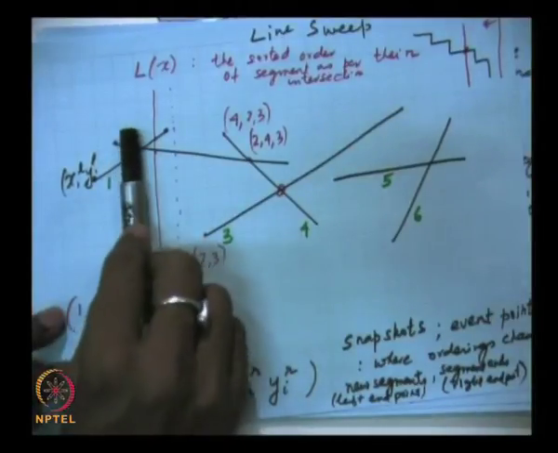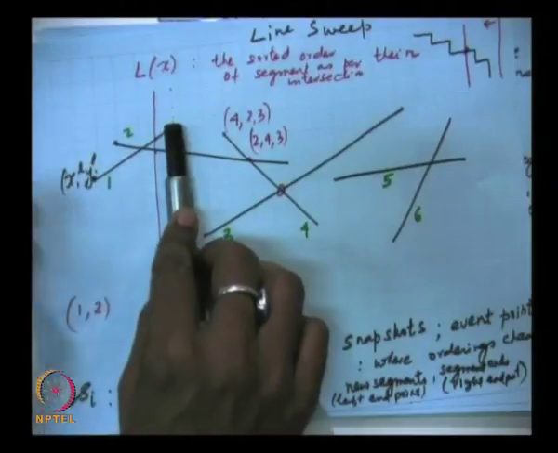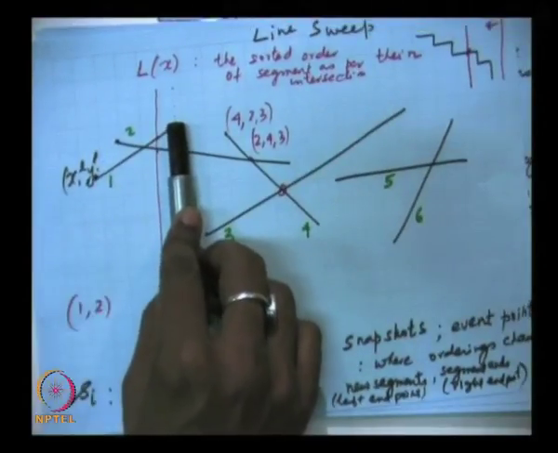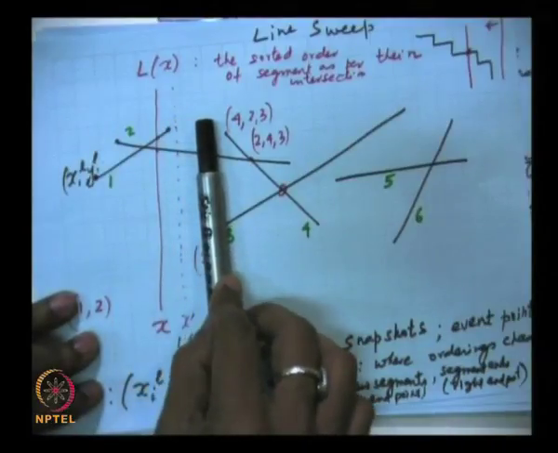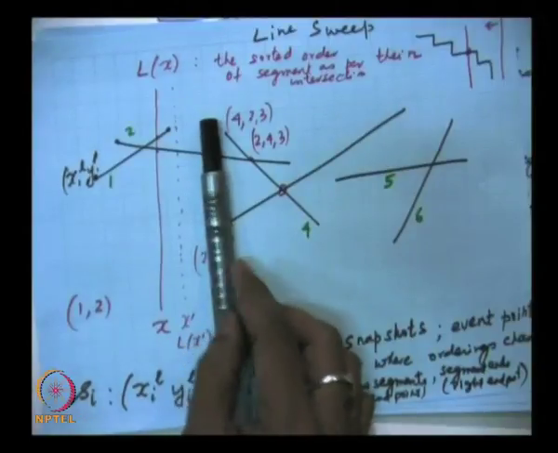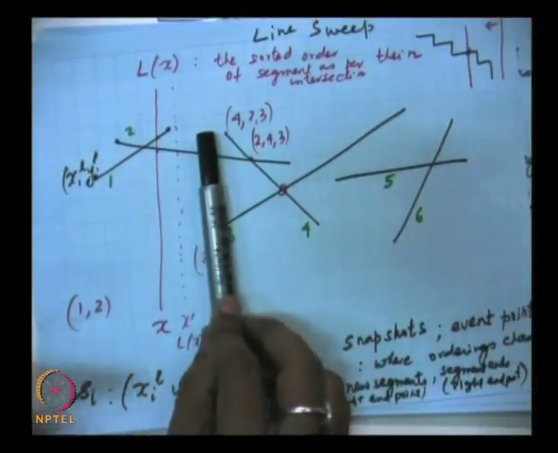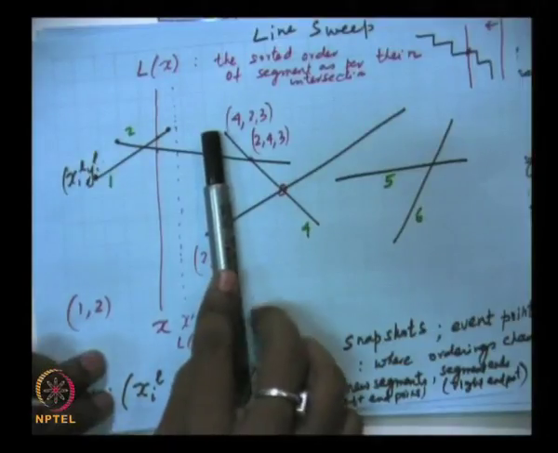Okay. So, then we go past this and 1 disappears, but because of that there is no new adjacency created in this case. Okay. Then I sweep, I reach 3. The moment I reach 3, I know that there is a new adjacency between 2 and 3. I must check whether there is an intersection between 3 and 2, and actually there is no intersection, but I am checking that. Okay. Then I encounter 4.